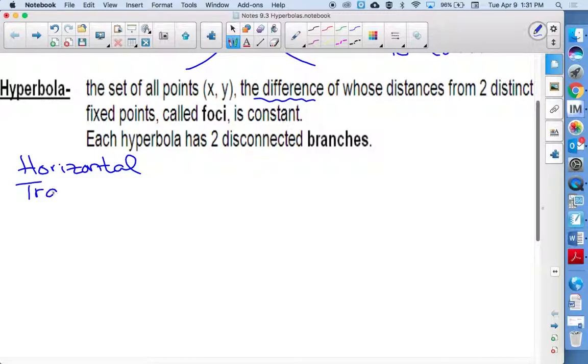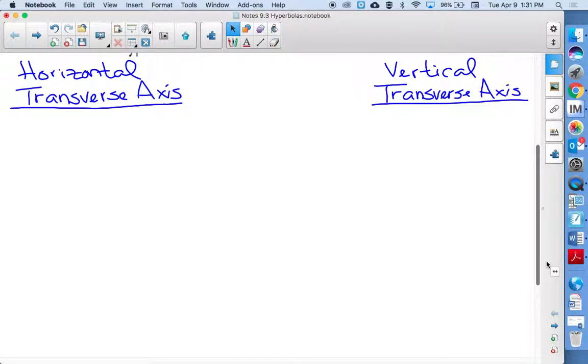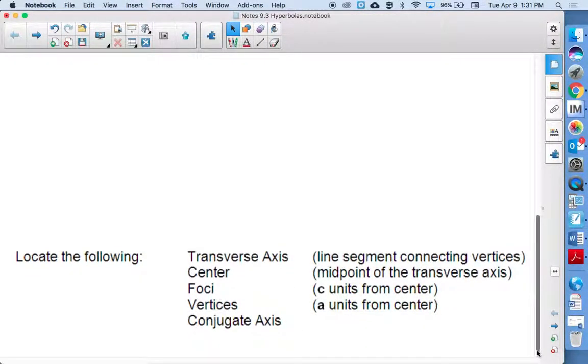So a transverse axis. Looking at the things we're asked to identify, it says the transverse axis is the segment connecting the vertices.